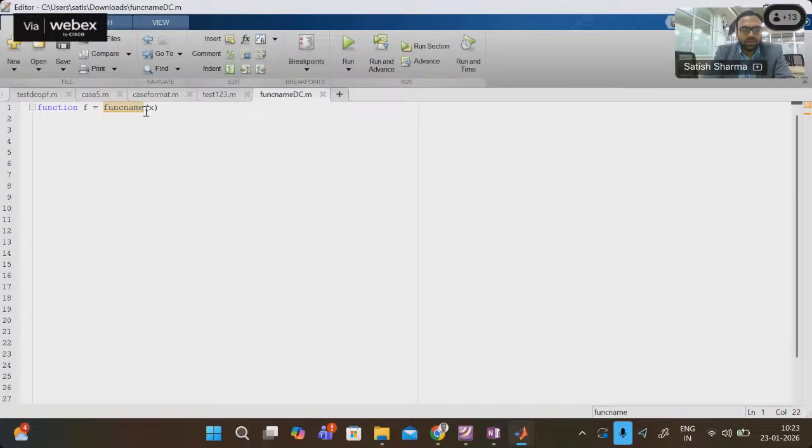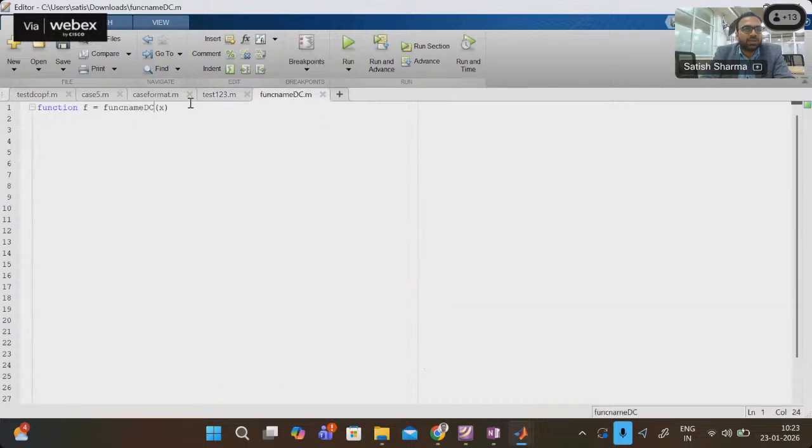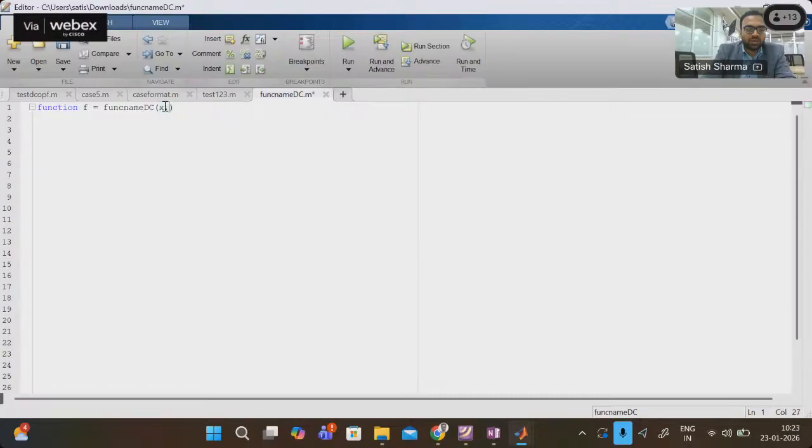The name should be dc, and that should also be in our main file. So the function name I have given is function dc, and the input arguments were x and the generator cost. So this is the function I have defined first of all.